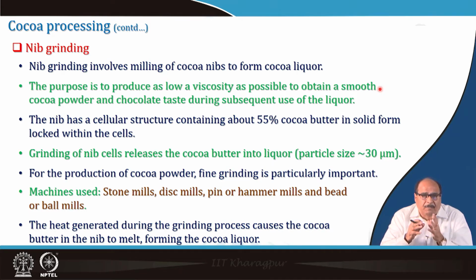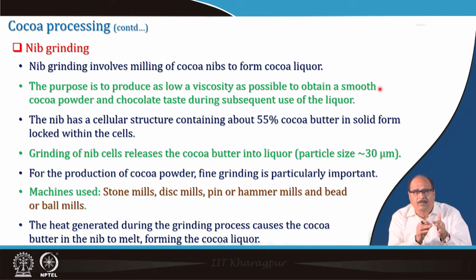The purpose here is to produce as low a viscosity as possible to obtain a smooth cocoa powder and chocolate taste during subsequent use of the liquor. The nibs have a cellular structure containing approximately 55% cocoa butter in solid form, which is locked within the cell.